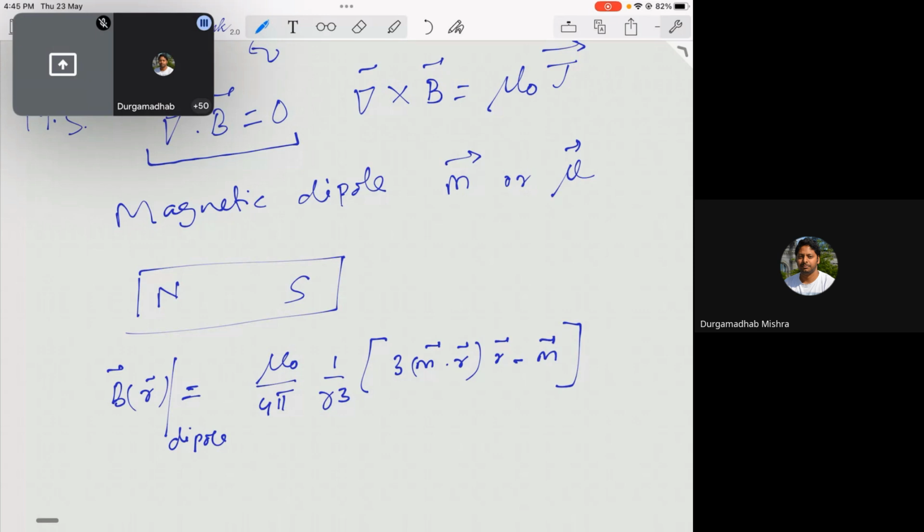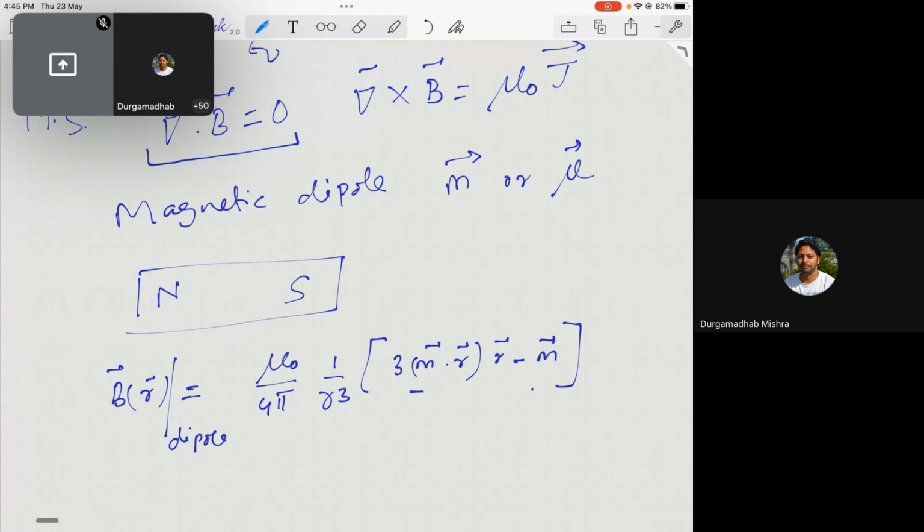This is a relation between the magnetic dipole moment and the magnetic field that is produced due to this magnetic moment m at a point r.